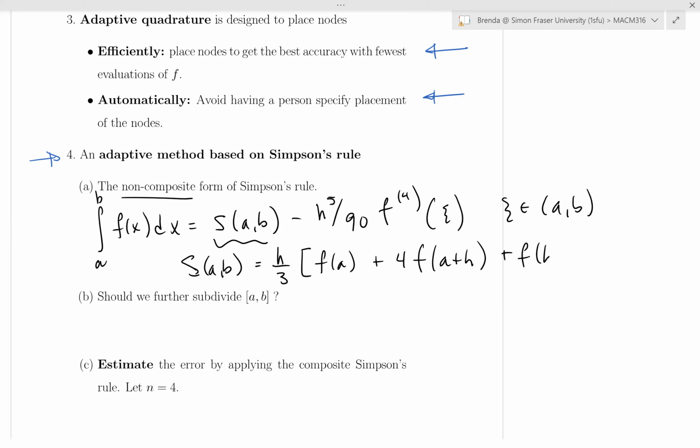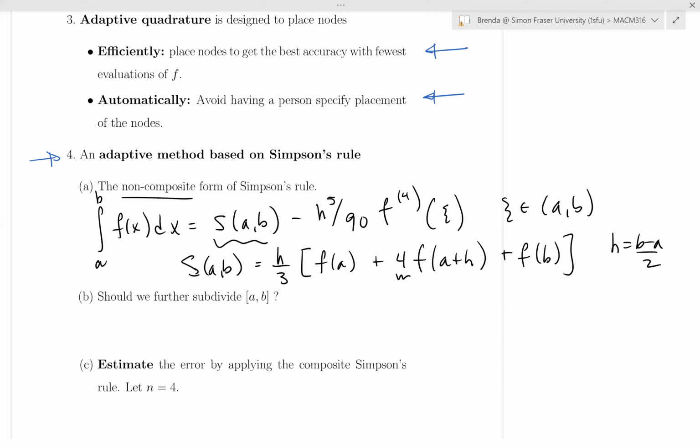And we evaluate the function at B. That's the Simpson rule. We've got that 4 there. We went through the derivation of this. We have 3 function evaluations for the non-composite Simpson rule, and we combine the values in this manner, and we get this estimate.